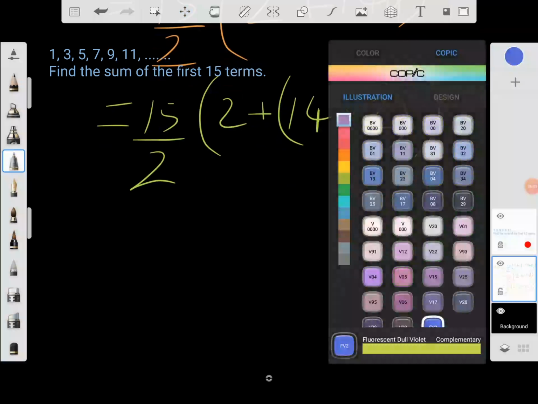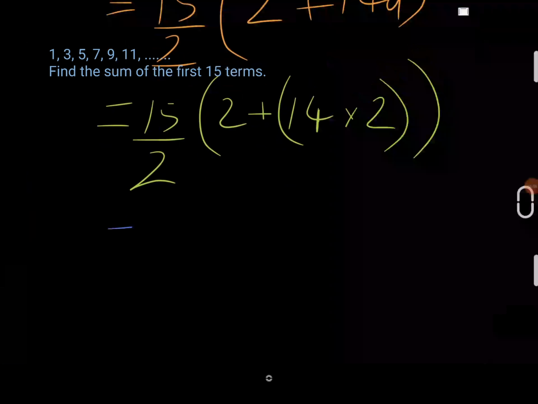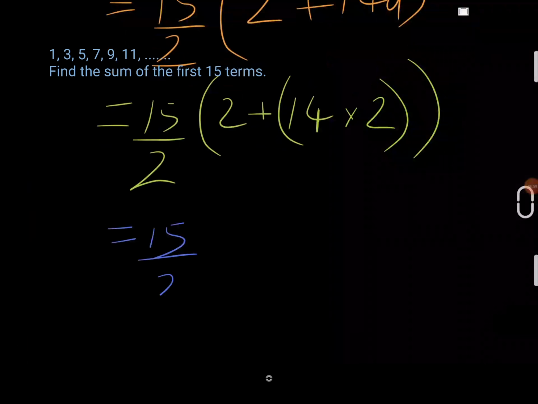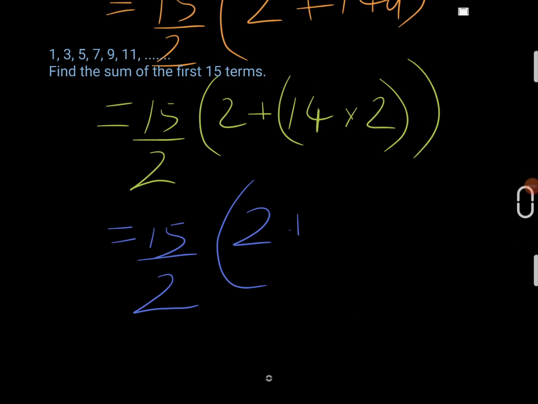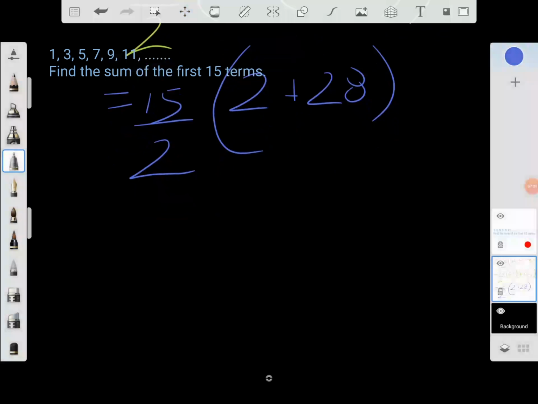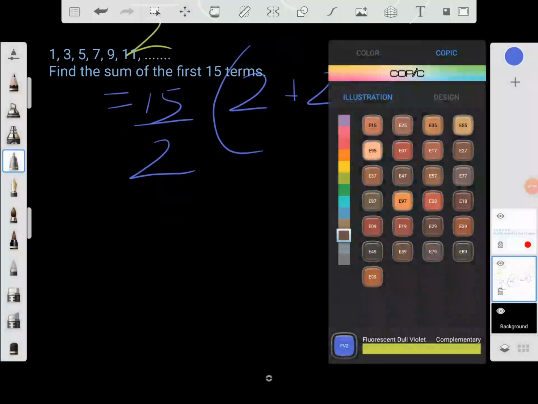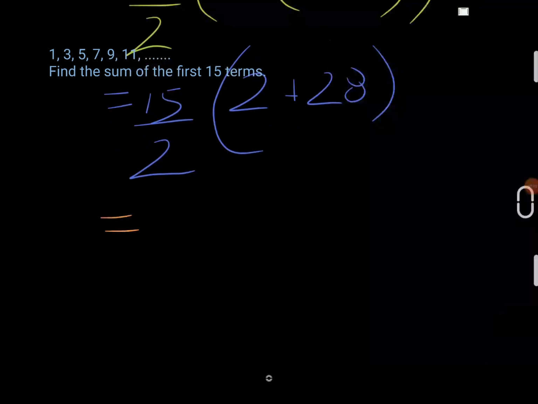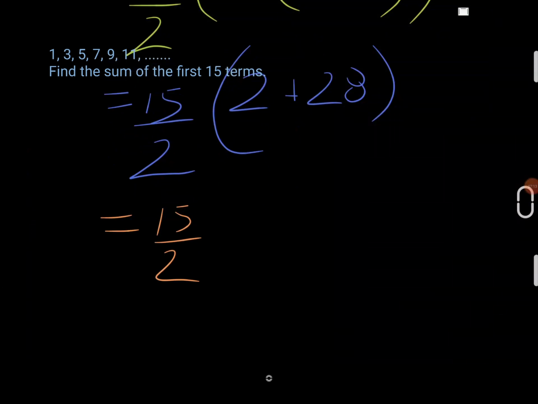So it is 15 by 2. Just calculate 2 plus 14 into 2, which is 28. It is equal to 15 divided by 2 into 30, since 2 plus 28 is 30.